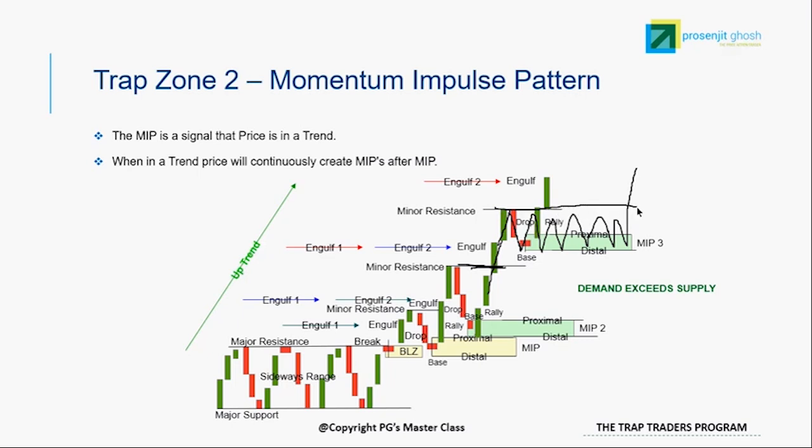Okay, breaks the minor resistance. Tell me, if this happens, what pattern is this? You already have learned. What pattern got formed? What pattern got formed here? If this is the sequence, what happens there? What pattern got created? It is not break limit zone.